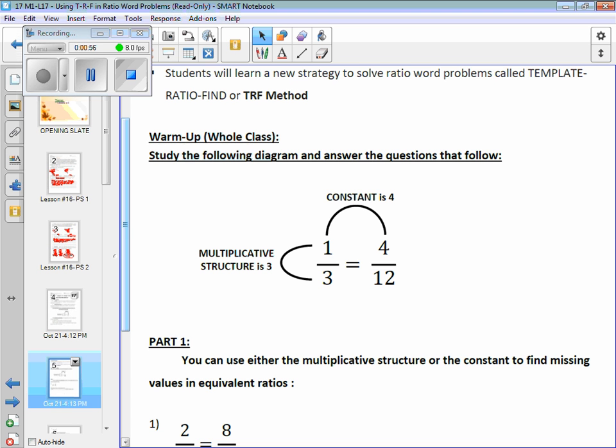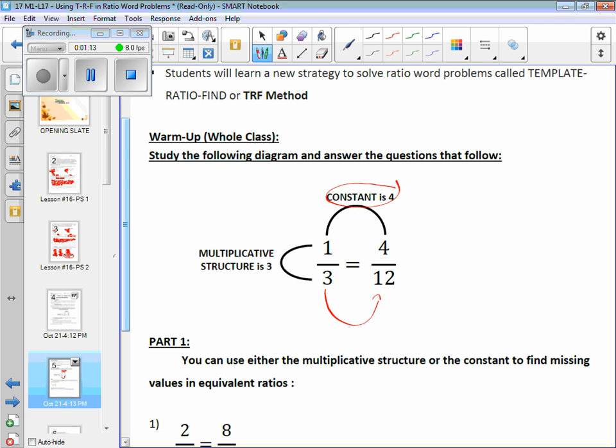When I start with my 1 to 3, I can make my equivalent ratio 4 to 12 by multiplying both the top and the bottom by how much? And that's what we mean by a constant. When you go and you draw the rainbows coming up and down, that's what we mean by constant.